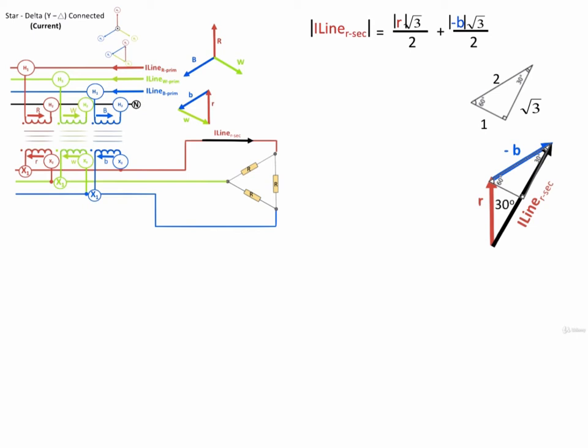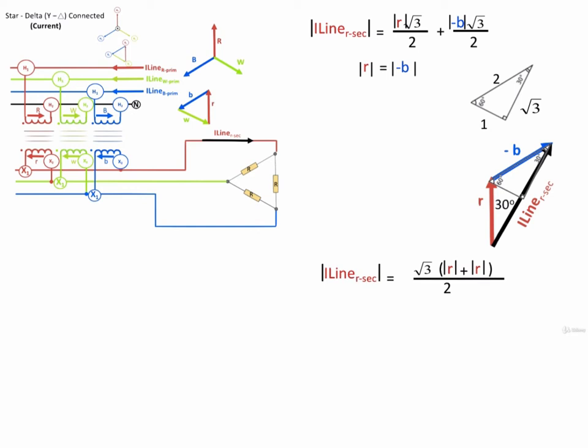R secondary, or the magnitude I line R secondary, is made up of the ratios of the red magnitude root 3 over 2 plus the minus B magnitude root 3 all over 2. And because we're dealing with just magnitudes, we can say that the red magnitude is equal to the minus blue magnitude.